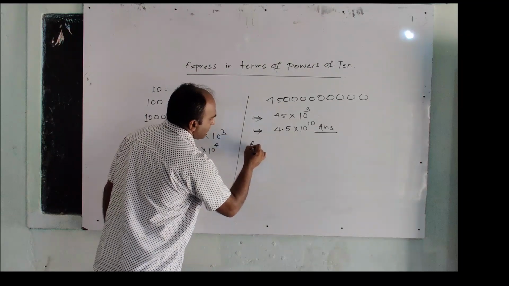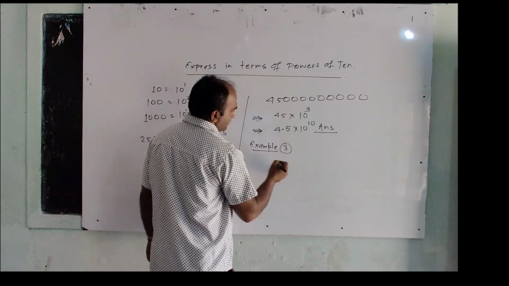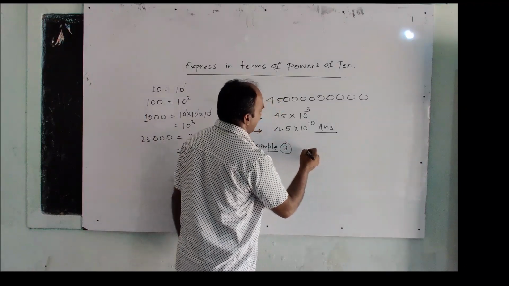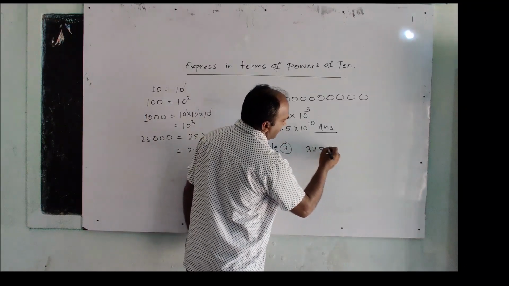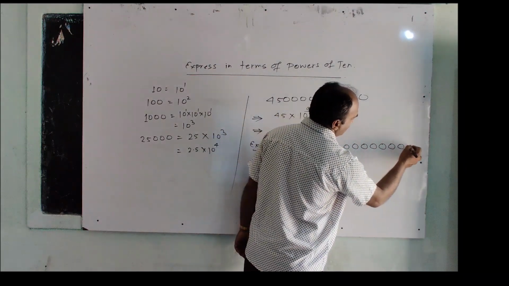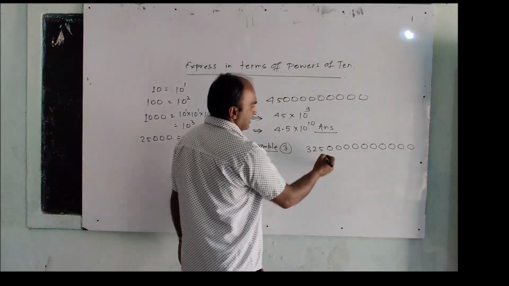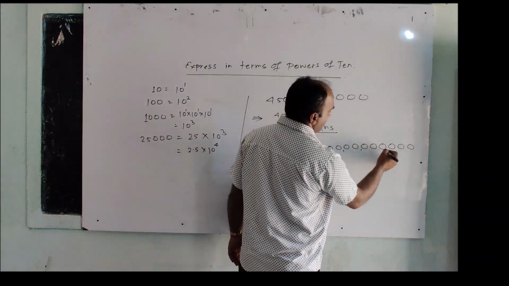Next example, example number 3. Suppose you have to express 325 followed by zeros in terms of powers of 10. Here we separate them by commas.